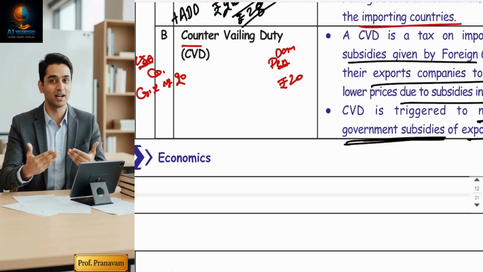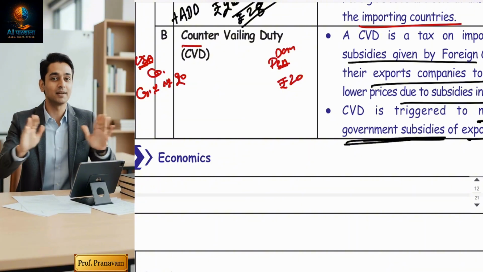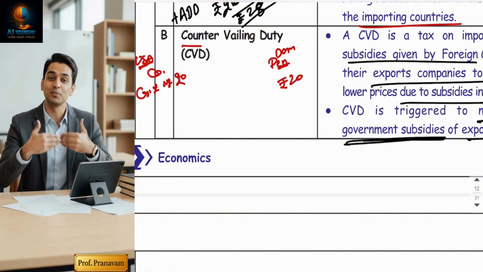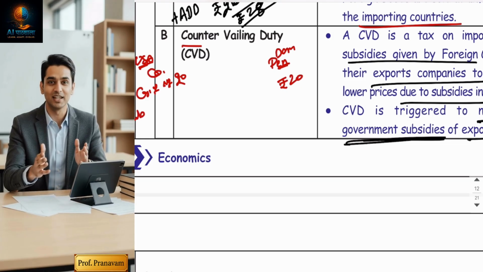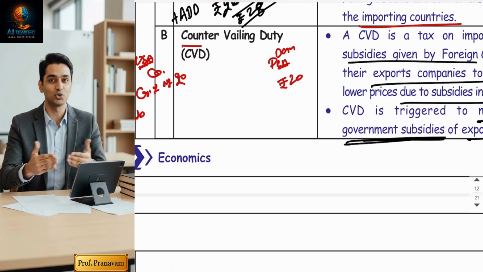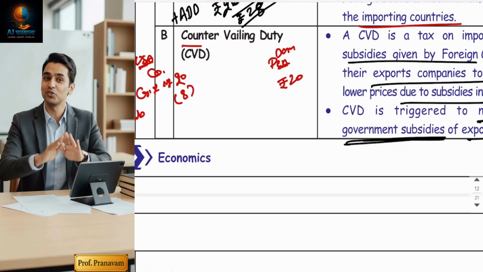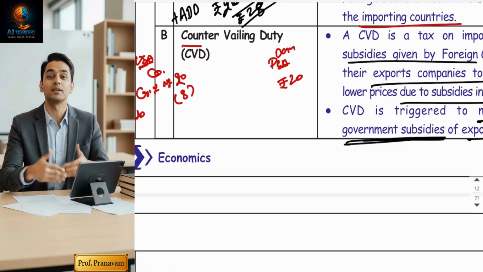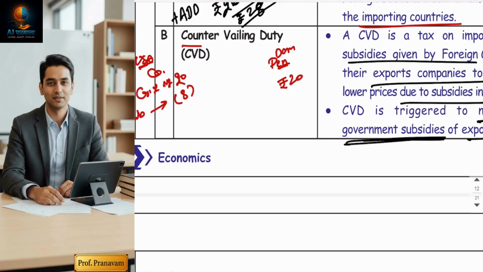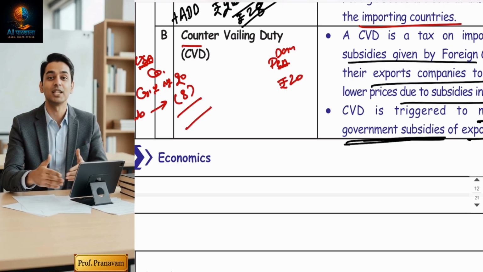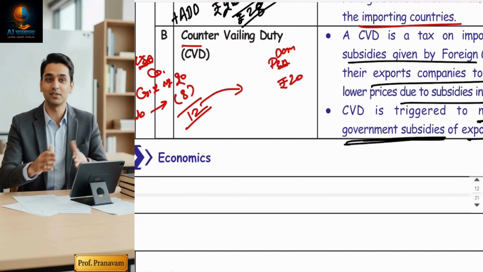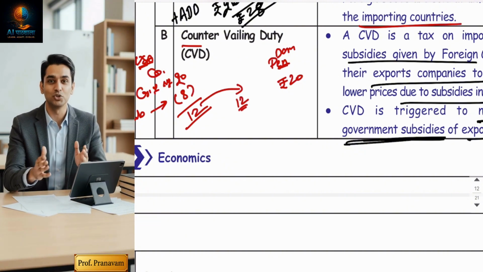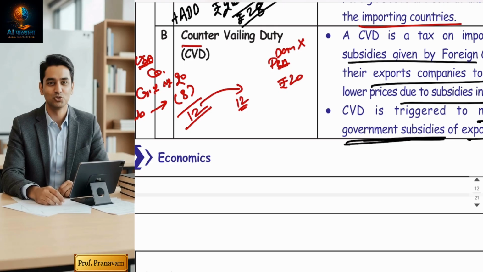The US company will say, why am I going to sell and incur losses? Then the US government gives a subsidy to its own companies. This loss is borne by the US government. The US government tells its companies, we will bear the loss. This is called a subsidy given by the government, and they convince their companies to sell this pen in India at 12 rupees, so that the domestic industry gets affected.